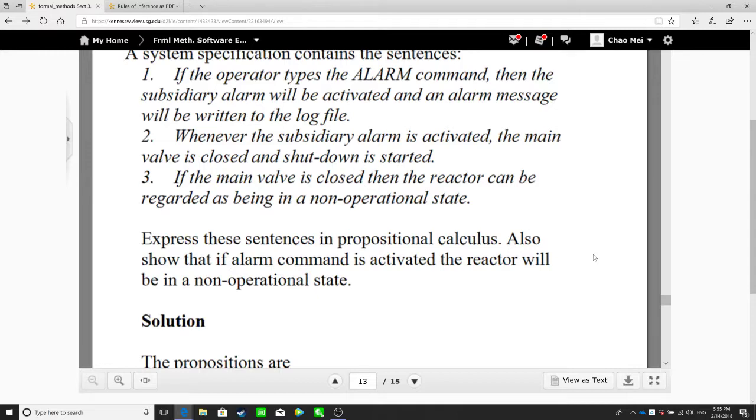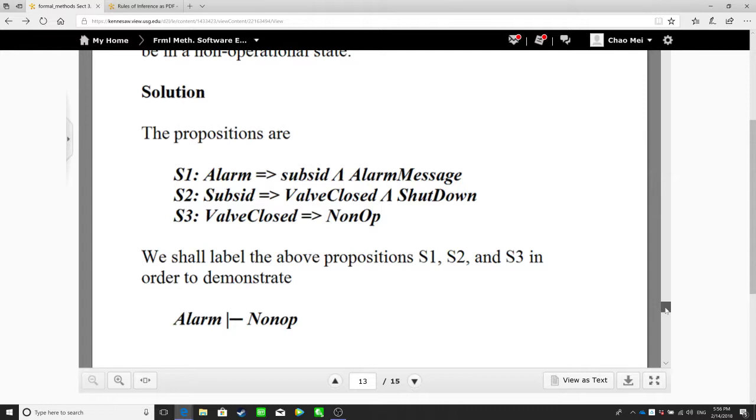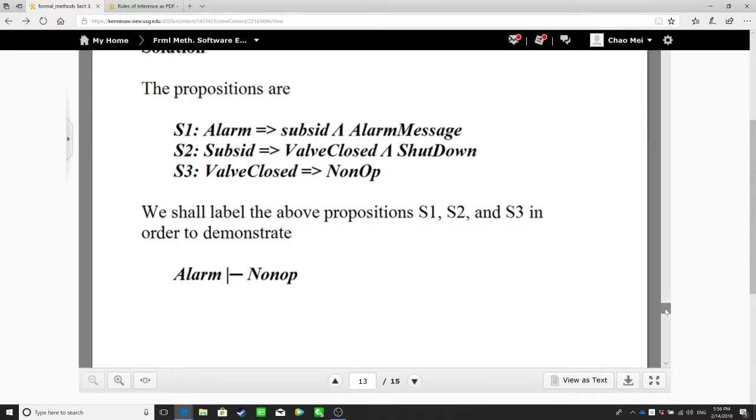So yeah, I won't do it again, but this is basically the same thing. We have three premises, S1, S2, and S3. What we want to prove is the alarm will result in a non-stop.